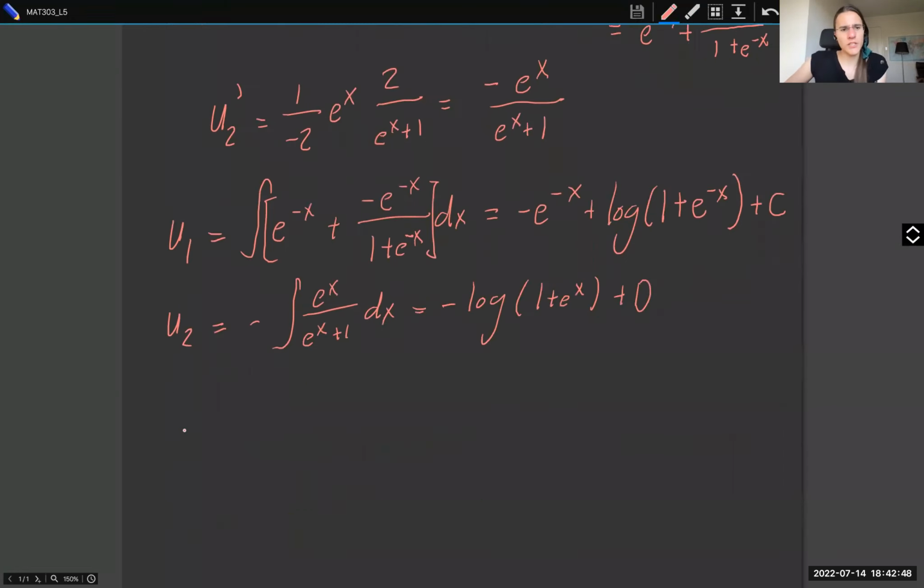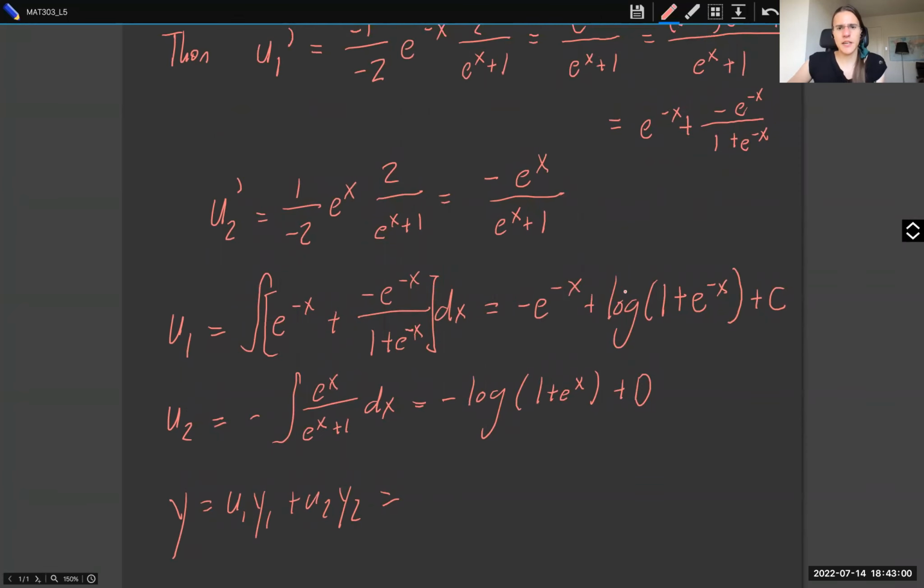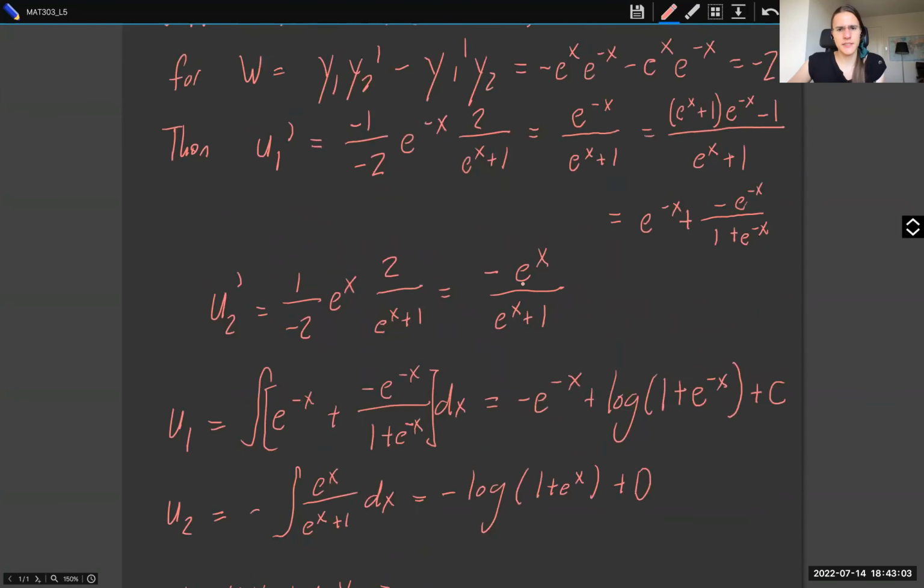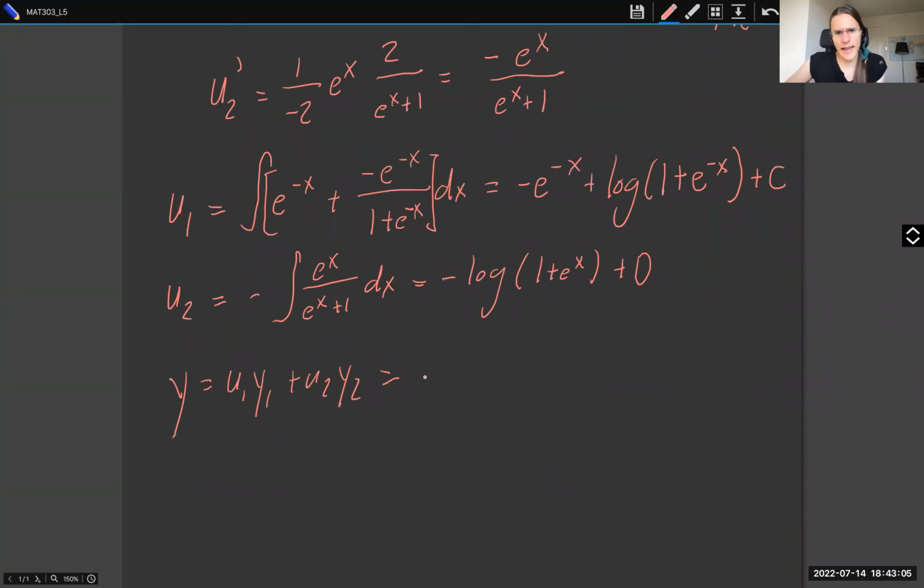And so as a consequence, what we get is that y is equal to u1 y1 plus u2 y2. And that is equal to, well, let's see, u1 is e to the x. So I'll get negative 1 plus e to the x times logarithm of 1 plus e to the minus x.